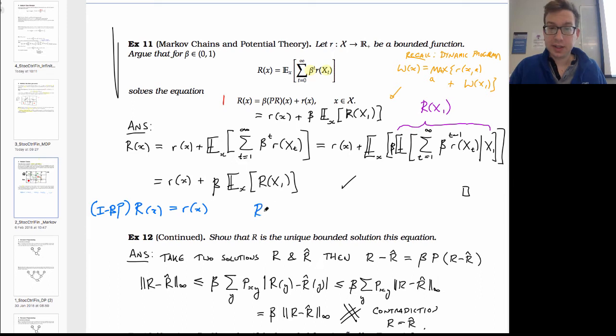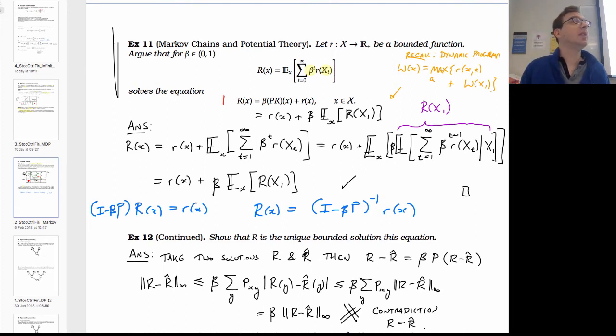So R of x is equal to the inverse matrix: we've got the matrix identity minus beta P, where P is the probabilities of the different transitions of the Markov chain. We take the inverse of that and apply it to the reward function.